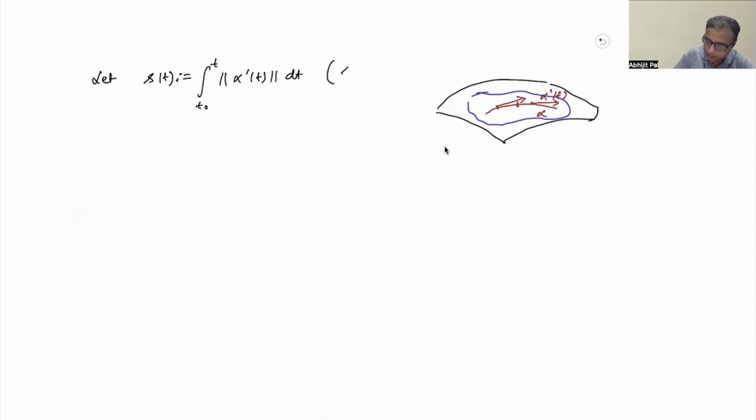So this s is the arc length parameter of the curve alpha.